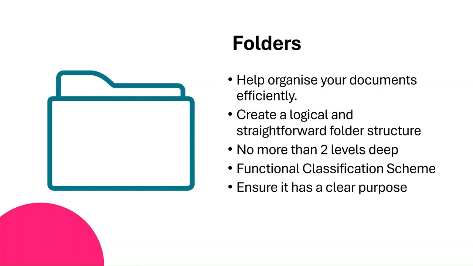This approach ensures that every folder has a clear purpose and aids in the retrieval of documents. Remember, the goal is not just to create folders, but to implement a structure that enhances the usability and efficiency of your document library.